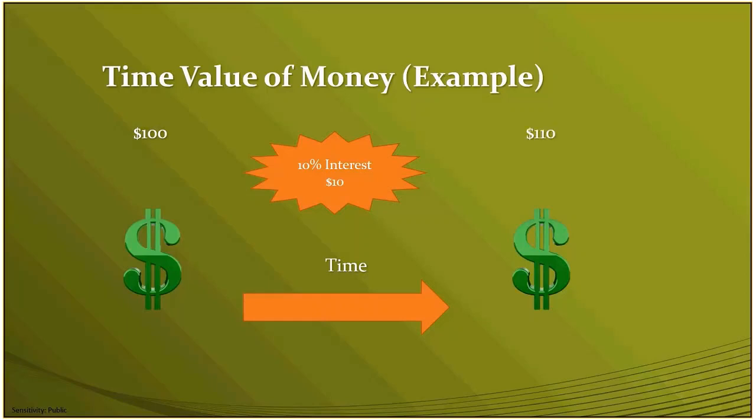So a year from now, you can have $100 or $110. So we can see using this example that the money we have now versus money in the future, that's why the money we have now is worth more, because of that extra earning potential because of time. So time equals money.